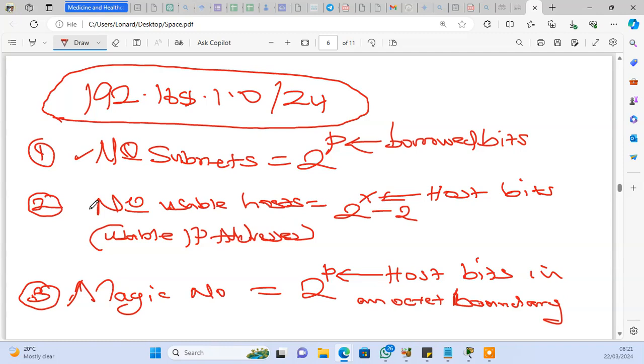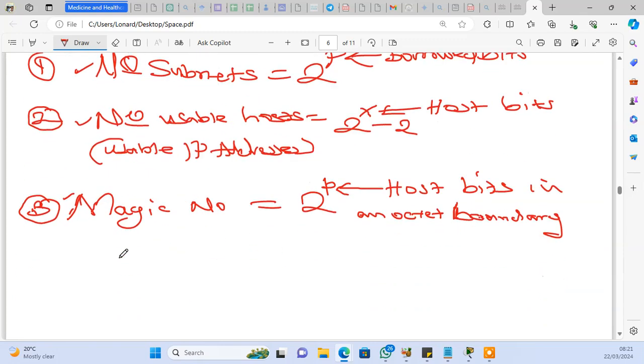The number of usable IP addresses supported by a network address, you can use this. If you want to know the magic number, you can use this. So the formulas remain the same. All you need is to master them, when you need them, and how to use them to drive to the exact answer that you need.